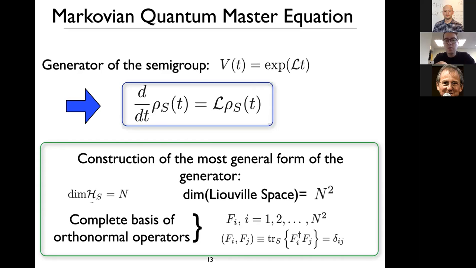I should have mentioned that this equation of motion is what's commonly referred to as a master equation. A master equation is just an equation of motion for the reduced density operator of an open system.